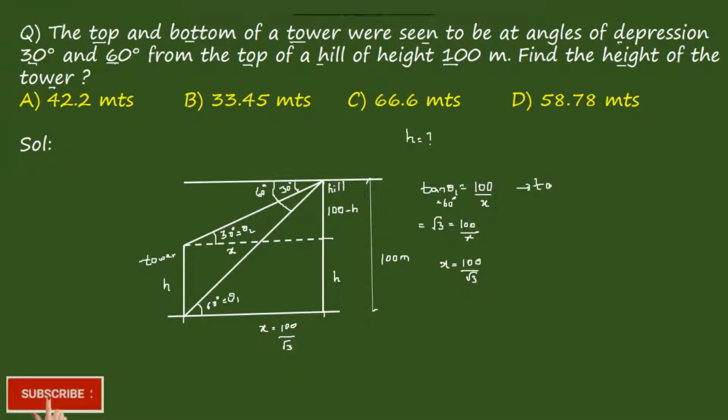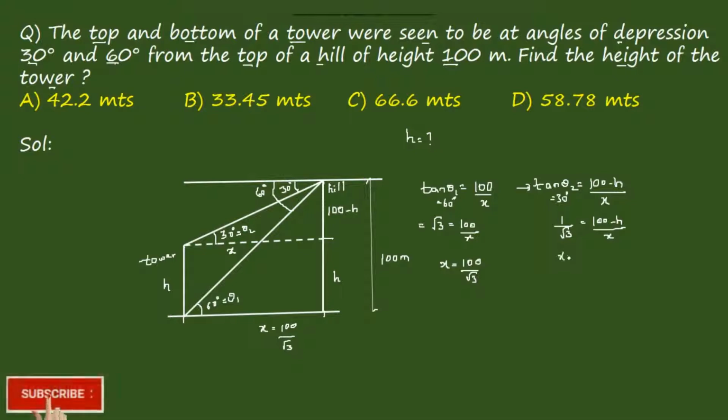Now consider theta 2. Here tan theta 2 is equal to perpendicular, which is 100 minus h, by x, right? Theta 2 is 30 degrees. Tan 30 is 1 by root 3, equal to 100 minus h by x.